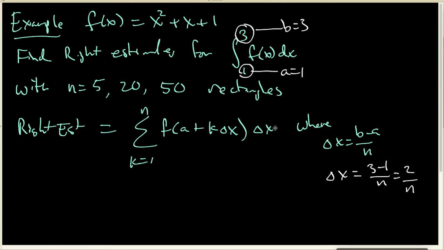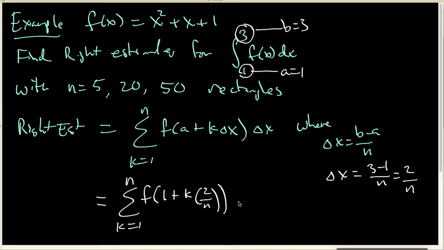So I'm going to put in 2 over n there, and I can put in a 2 over n here, and I can put a 1 in here. So my right-hand estimate is now going to look like the sum as k goes from 1 to n of f of 1 plus k times delta x, which is nothing more than 2 over n. And then once I have f evaluated at that, I need to multiply that by 2 over n.